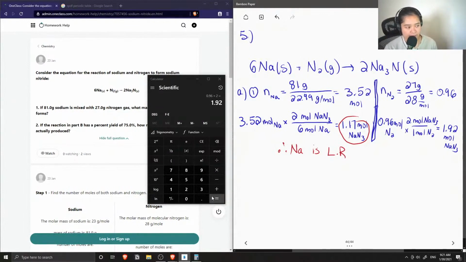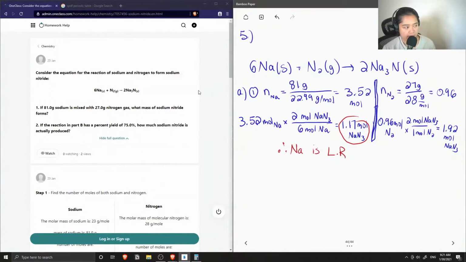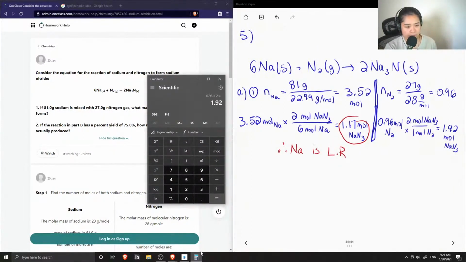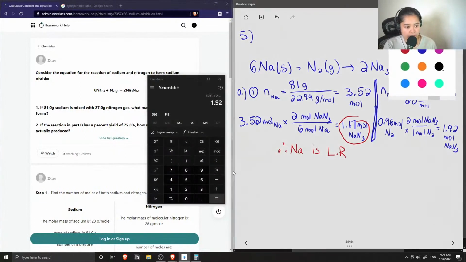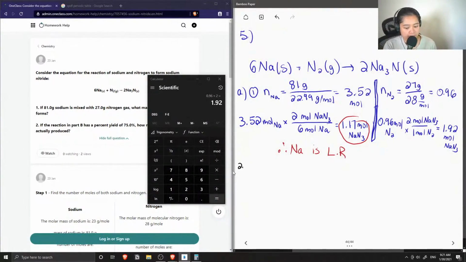Okay, so now that we know the number of moles that can be formed, we can calculate the mass of sodium nitride. But first we need to find out its molar mass. So sodium nitride, its molar mass is 3 times the molar mass of sodium plus the molar mass of nitrogen.